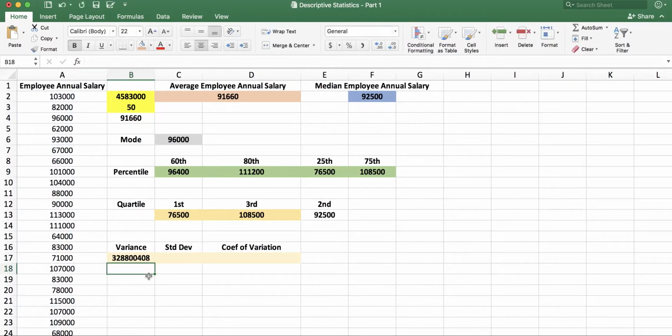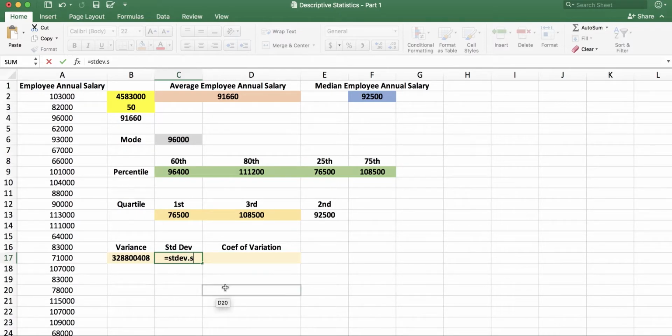Okay. Standard deviation, again, it can be a sample standard deviation or it could be a population standard deviation. You have two options to calculate it. You can use this Excel function. Again, if you use .s, that means that you are looking at the sample data. If you use .p, you are looking at the population data. Okay, so that is an important distinction.